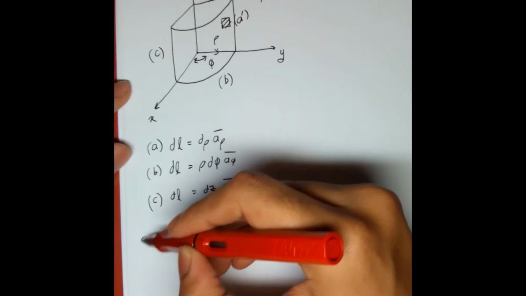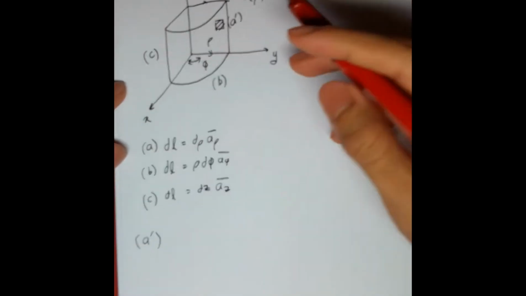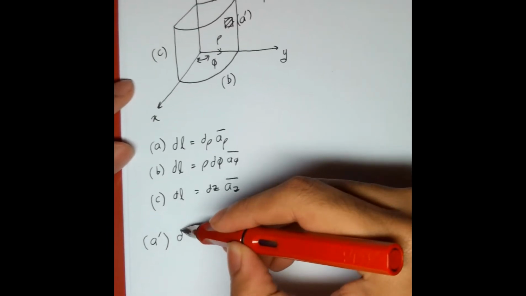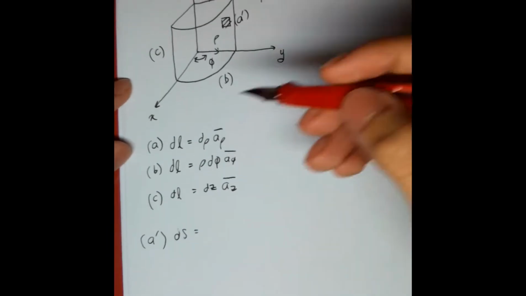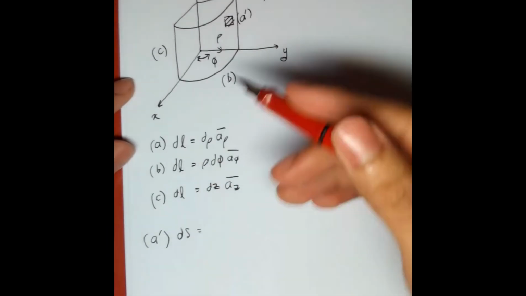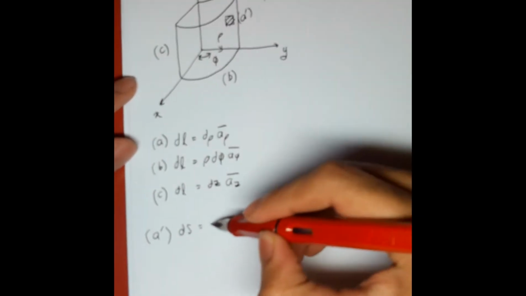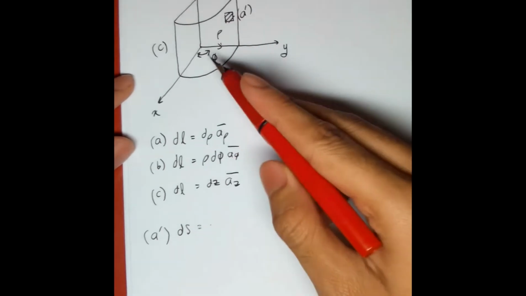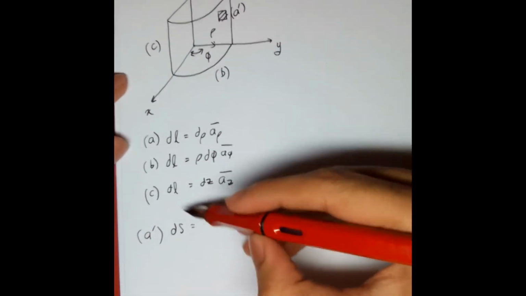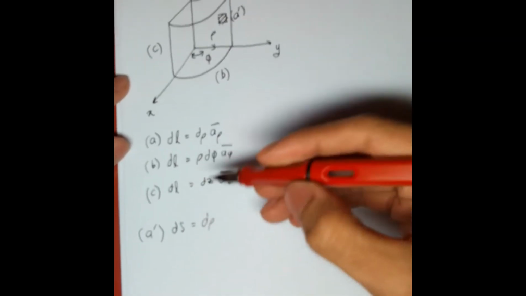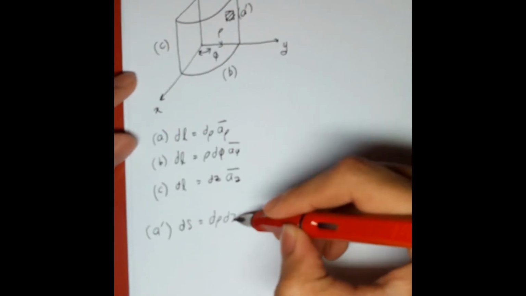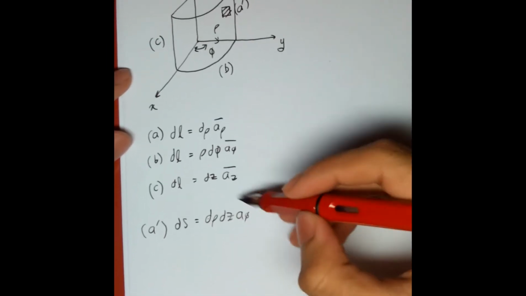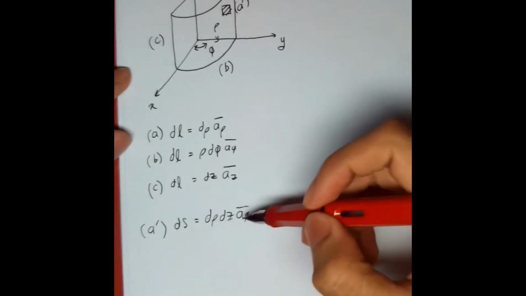For A prime, you will get a differential surface of d rho dz a phi.